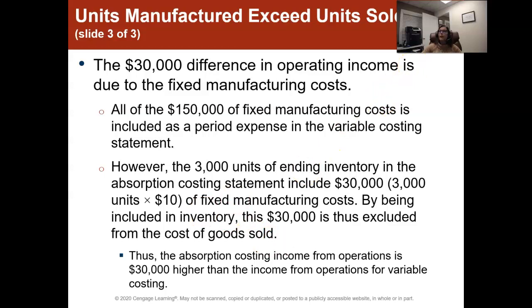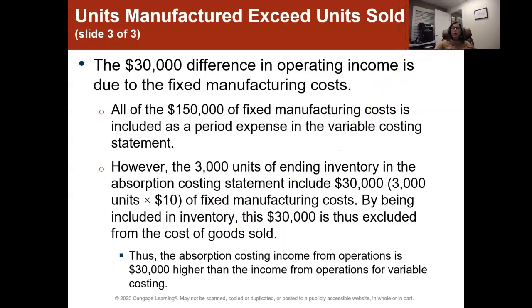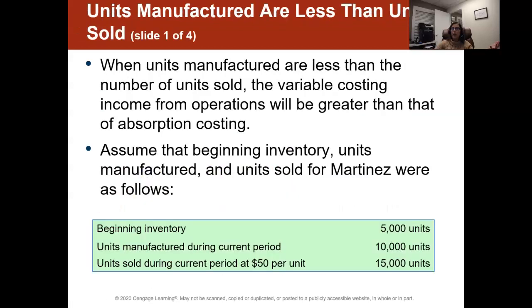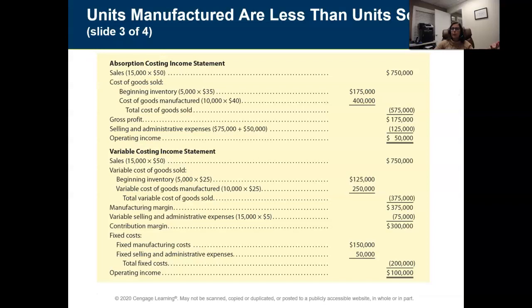And in this scenario, instead of manufacturing too much, we've manufactured too little. I won't go through all the scenario on this slide because you guys will get sick of listening to me real fast if I start reading these. All the same numbers, but now we see how that plays itself out on the income statement.